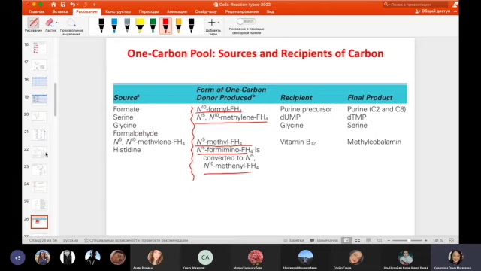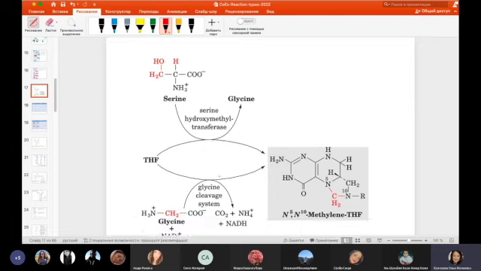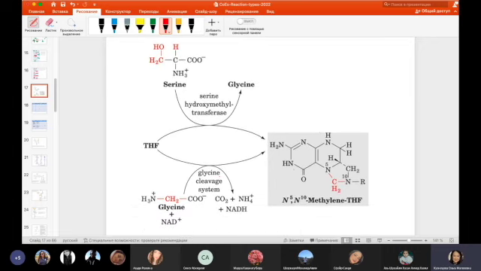We discussed this role in the regeneration of methionine from the homocysteine, and finally I'll show you synthesis of glycine using serine with participation of methylene tetrahydrofolate.